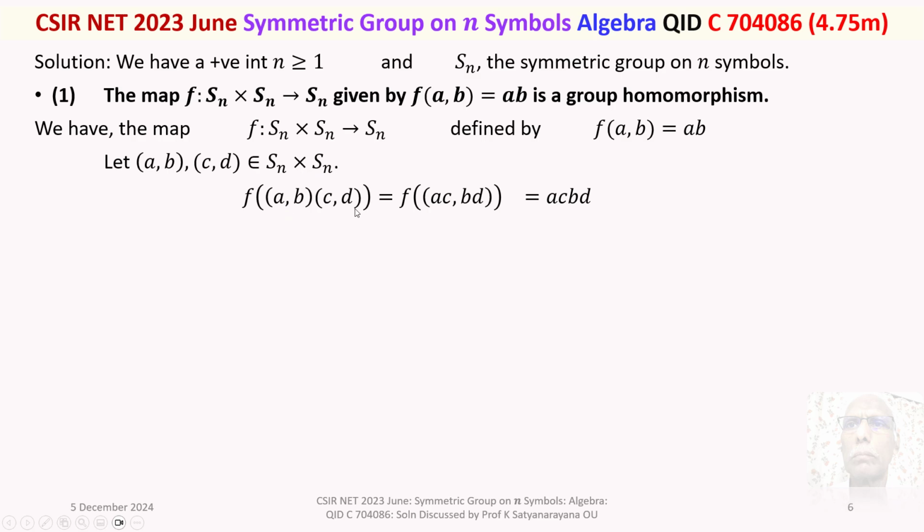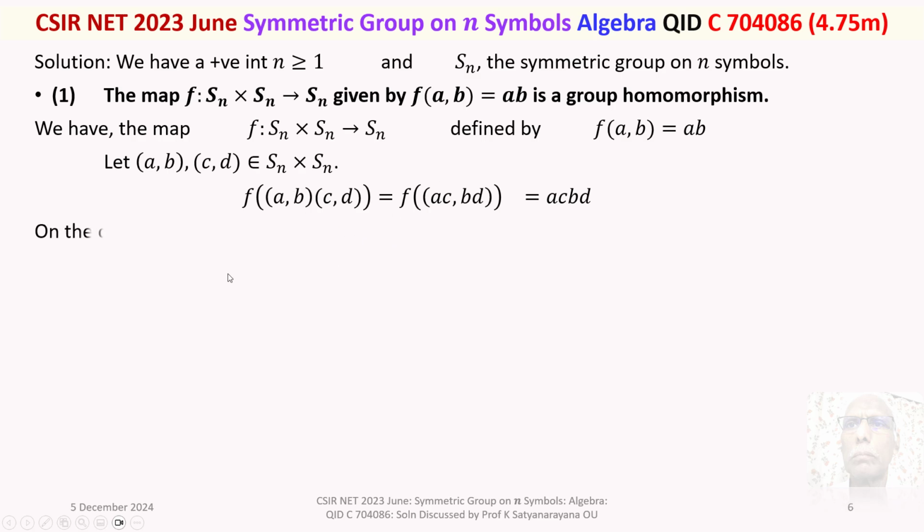Now how do we compose in Sn cross Sn? It is component wise multiplication. That is, (a, b) multiplied by (c, d) is (ac, bd). ac means a composed c as in Sn, bd means b composed d as in Sn. And f of the ordered pair (ac, bd) by definition is acbd. That is the f of the product (a, b) multiplied by (c, d) in Sn cross Sn.